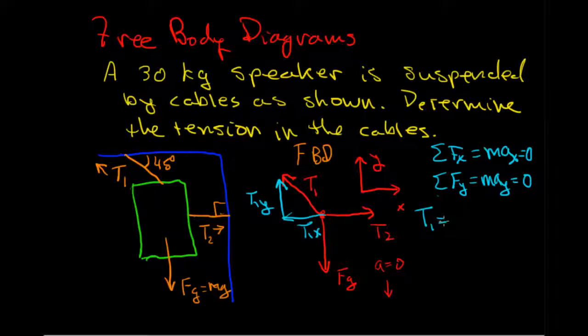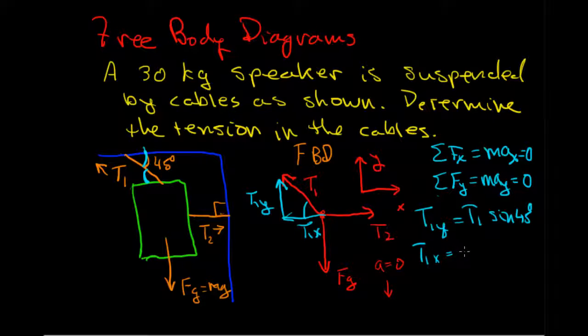And I even know the relationship. T1Y is equal to T1 times sine of 45 degrees, because if this angle up here is 45 degrees, then this angle is too, and so that means this angle is 45 degrees.